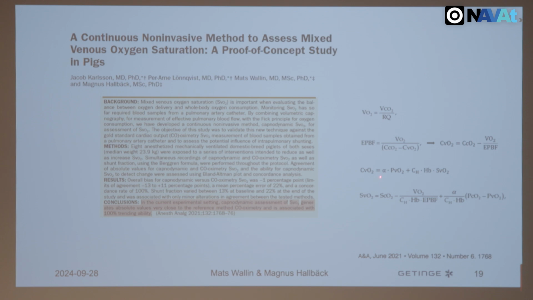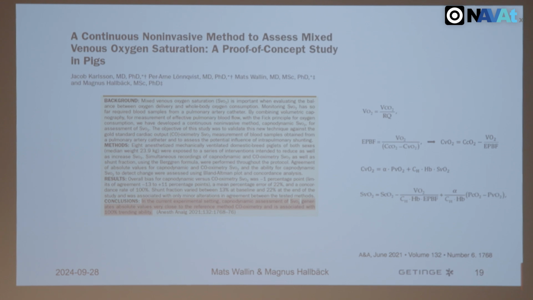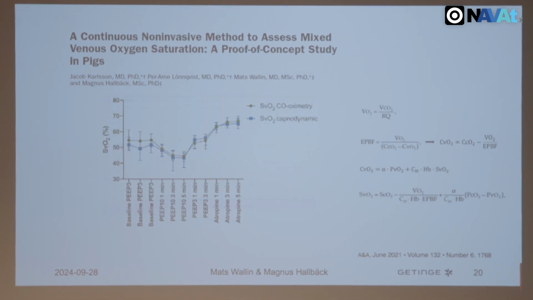Mixed venous content depends on the partial pressure and also the hemoglobin. And from this mathematical formula we can sort out the mixed venous saturation, which we are thus able to calculate and measure by the capillary method.